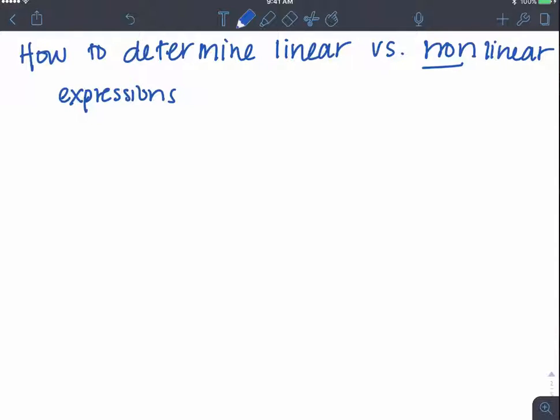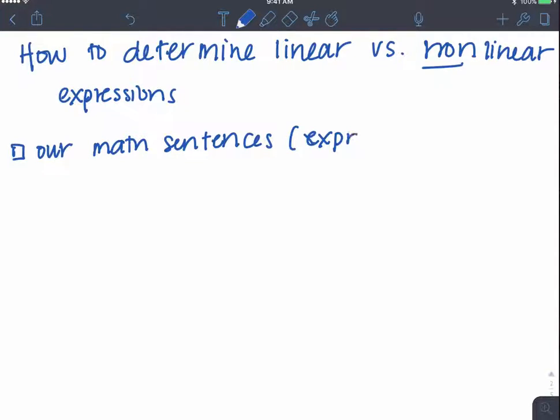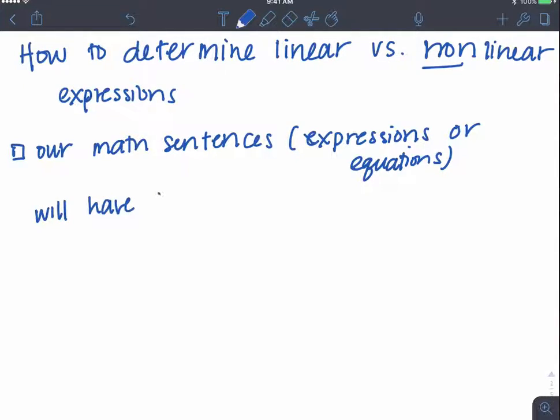Okay, so our math sentences, whether they be expressions or equations, will have to be graphed.